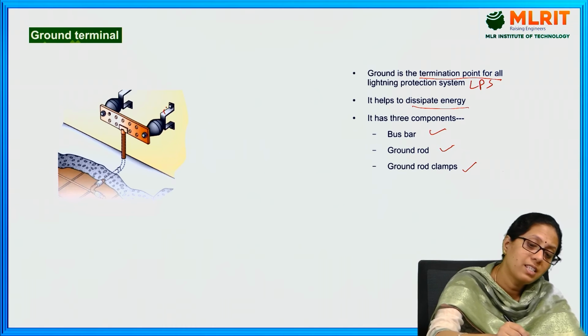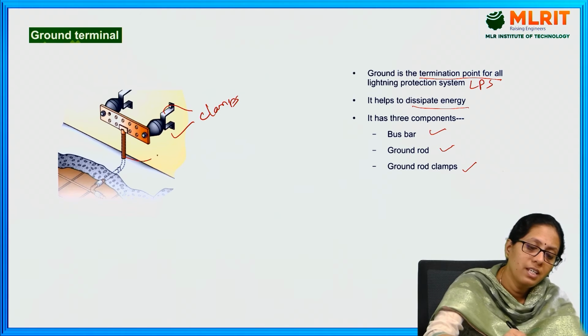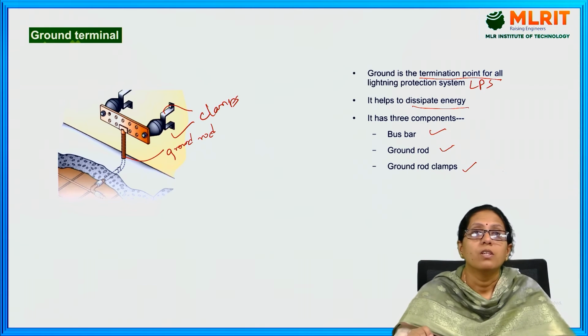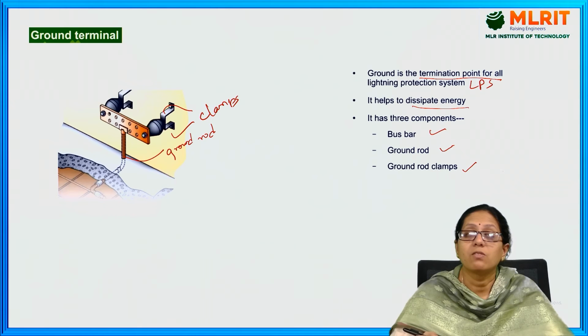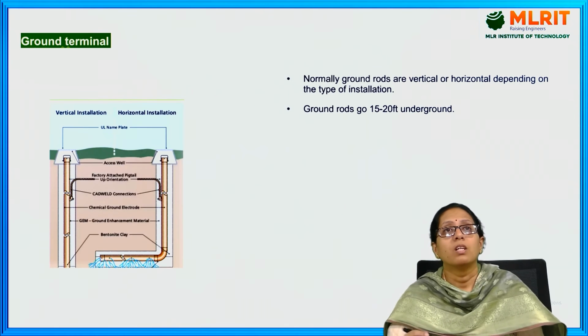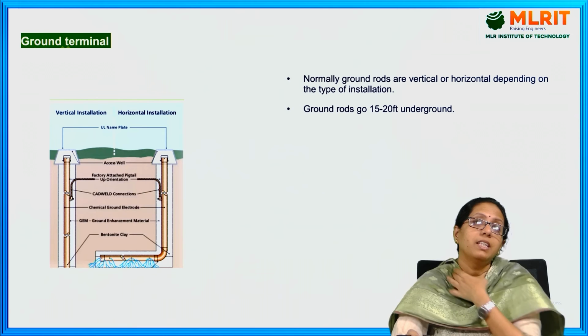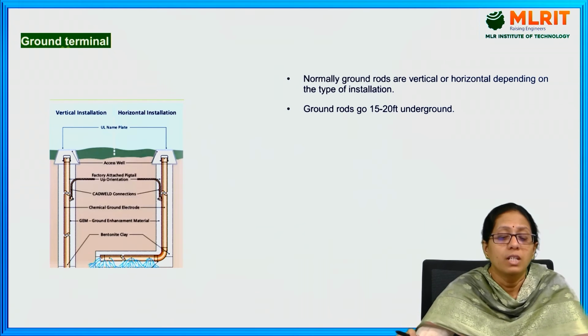Here you can see the clamps. Here you can see the ground rod. So the clamps as well as the ground rod are shown in the picture. Ground terminal: in this picture, you can see the connection of the ground terminal.